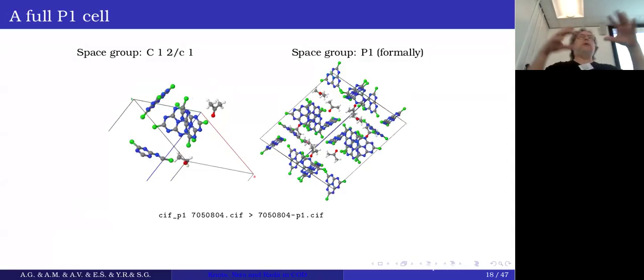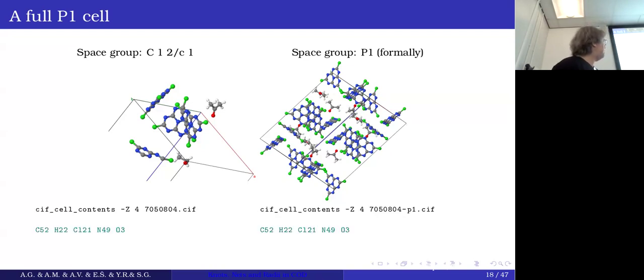But of course, if we want to have all interactions inside the unit cell, then we need to take into account that this stoichiometrically correct formation is present multiple times. So we want to reconstruct the whole P1 cell. And again, we can choose what our molecular unit is, and have a correct composition that coincides with what the authors have reported.